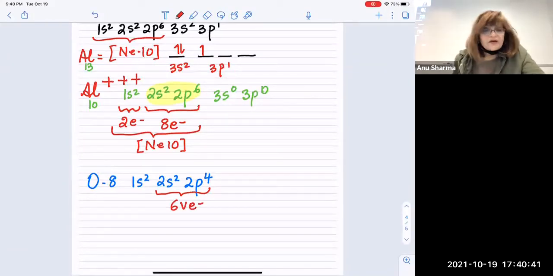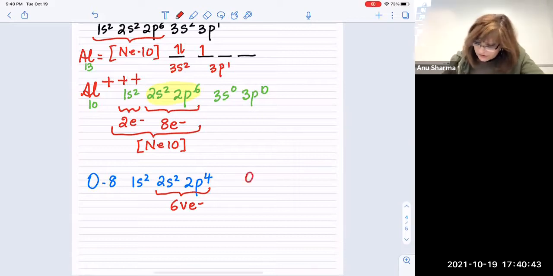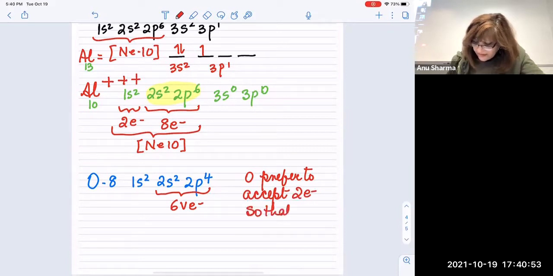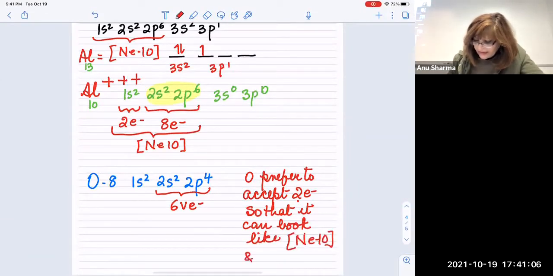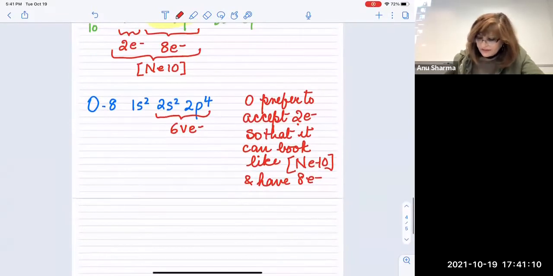So how many does oxygen need? Oxygen prefers to accept 2 electrons so that it can look like neon 10 and have 8 electrons in the valence shell, in the last shell.